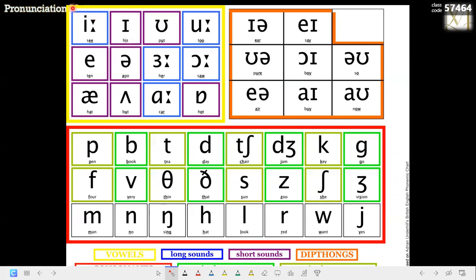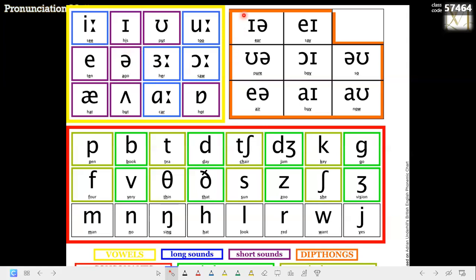And we have a big yellow square, okay, surrounding the 12 pure vowels, because all of them are pure vowels. But these vowels are divided into long, which is in the blue square, and short, which is in the purple square, okay?